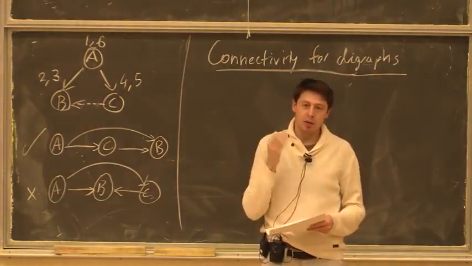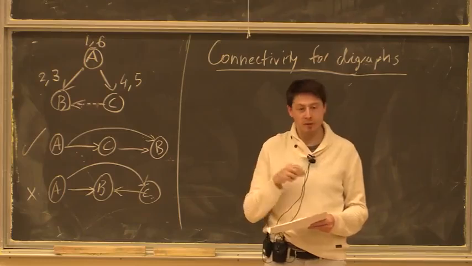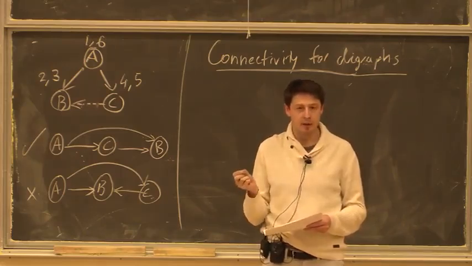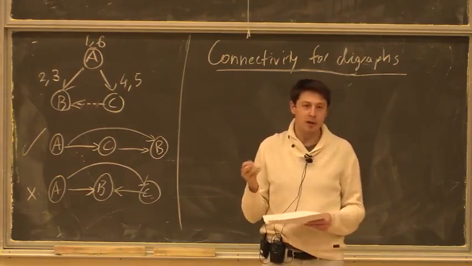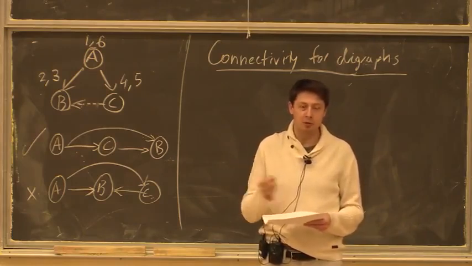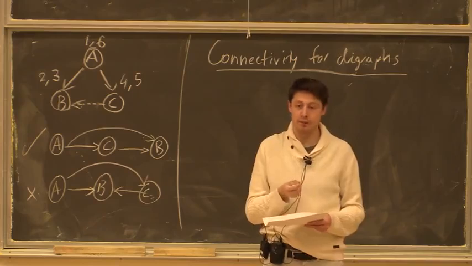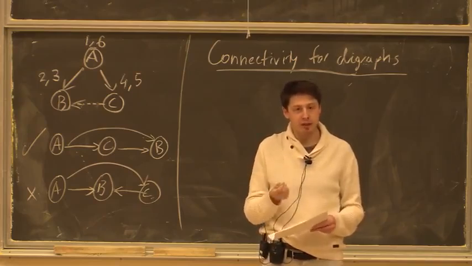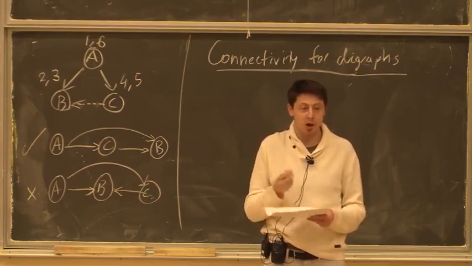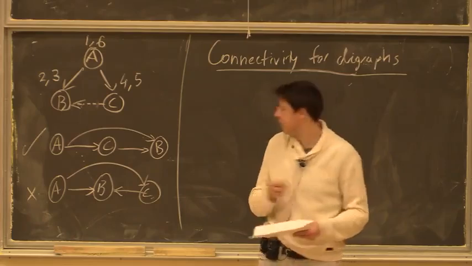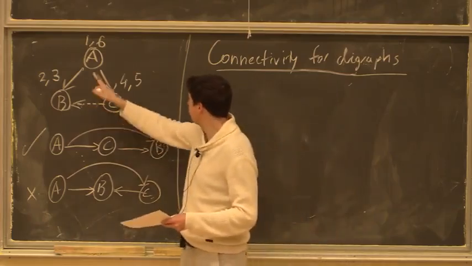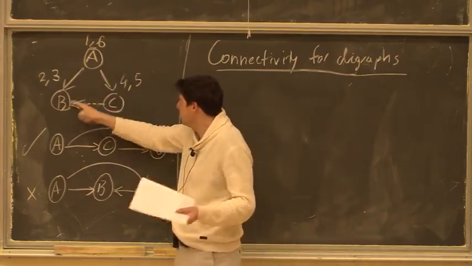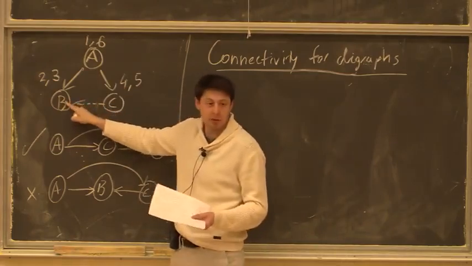It said, well, look, U and V are connected if there is a path from U to V, and I don't have to worry about whether there is a path from V to U because I can just reverse all the edges, right? But in a directed graph, the fact that I can go from U to V does not mean that I can also go from V to U, right? For example, over here, I can go from A to B, but I cannot actually go from B to anywhere, right?